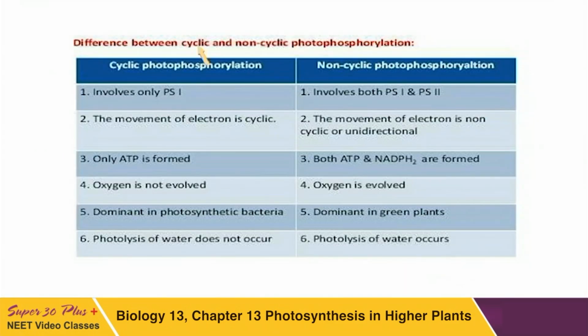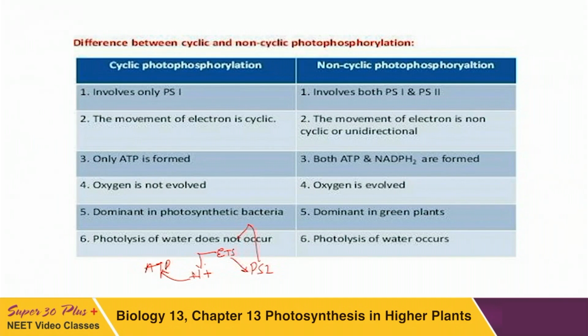Now we can compare the cyclic photophosphorylation and non-cyclic photophosphorylation. We may summarize once. What is cyclic photophosphorylation? This is PS1. Electron will jump, will go to the electron transport system, will be back to the same, and here through the electron transport system it will generate hydrogen ions, which in turn will give ATP.